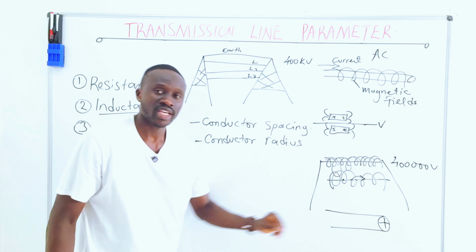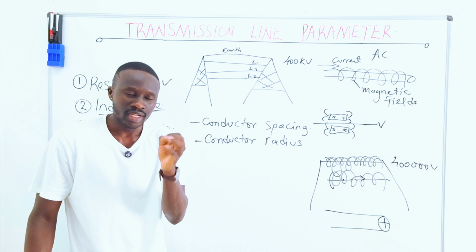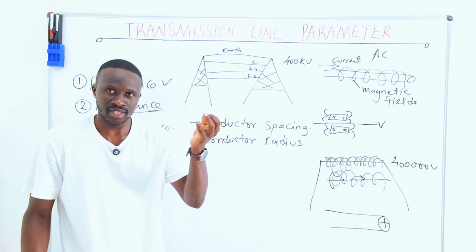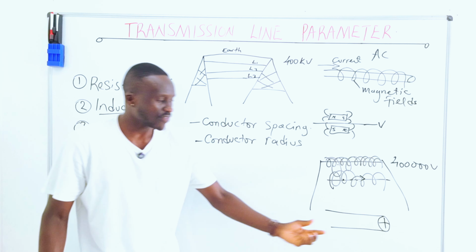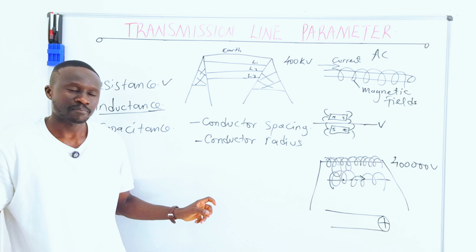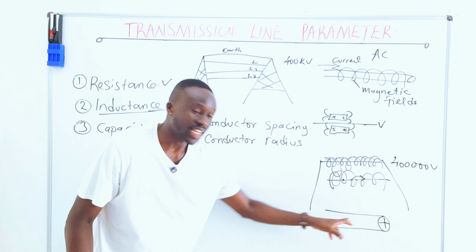It comes also in the conductor. If it is small, resistance will be high. Current will be opposed by this resistance. Now, if the cross-sectional area is big, it means also the cable is big, because the cross-sectional area is the one which determines the cable.